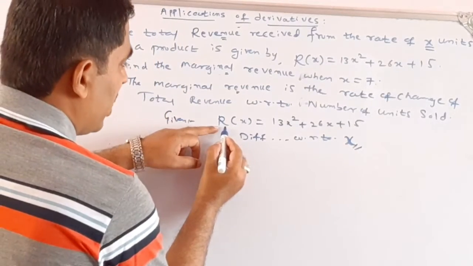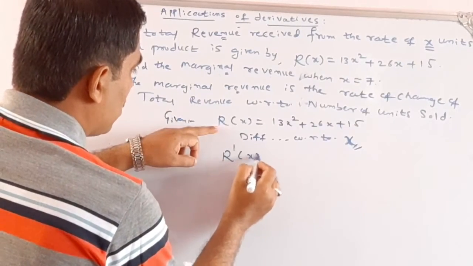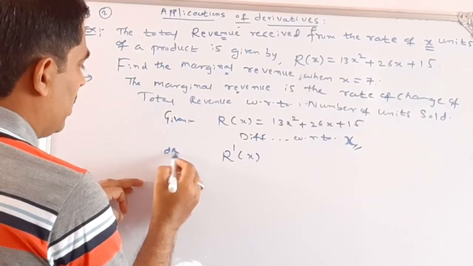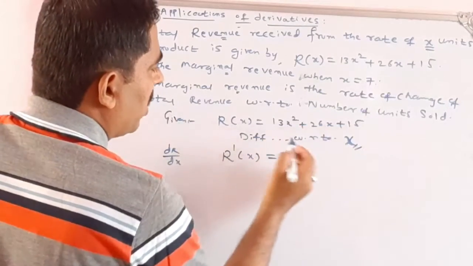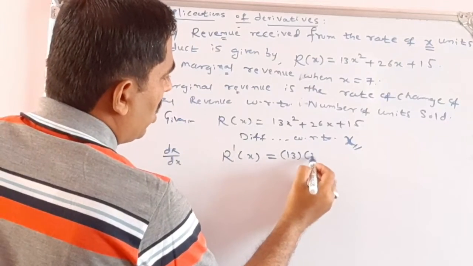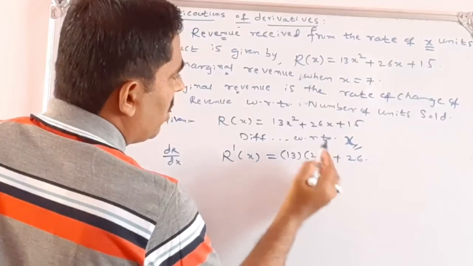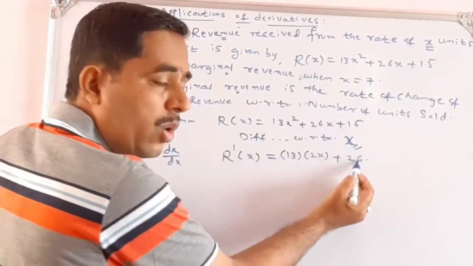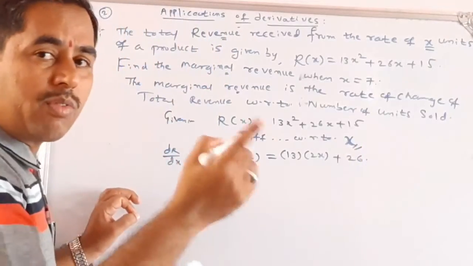Then if I differentiate this with respect to x, we get dR by dx, or R dash x, or we can write this as dR by dx, all are same here. Differentiate both sides with respect to x. 13 is constant, derivative of x square is 2x, plus derivative of 26x, 26 is constant into derivative of x with respect to x which is 1, 26 into 1 is 26, plus derivative of constant 15 is 0.